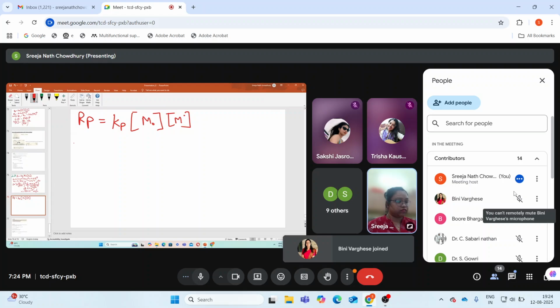And for the 20% limiting conversion, we can write p infinity 0.2 is equal to 2 kp f kt by kt into kd to the power half, I0 to the power half. So we have to solve this equation.